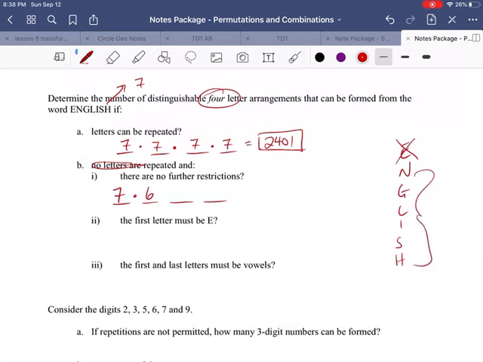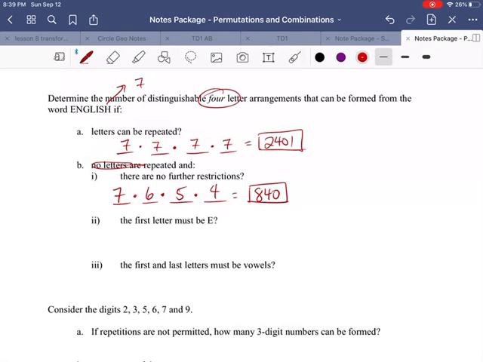In the second spot, you've got 6. And then, for example, if we picked L, then you've got 5 left, and then 4 left. So if things are not allowed to repeat, you subtract 1 at each step. So 7 times 6 times 5 times 4 is 840 arrangements.